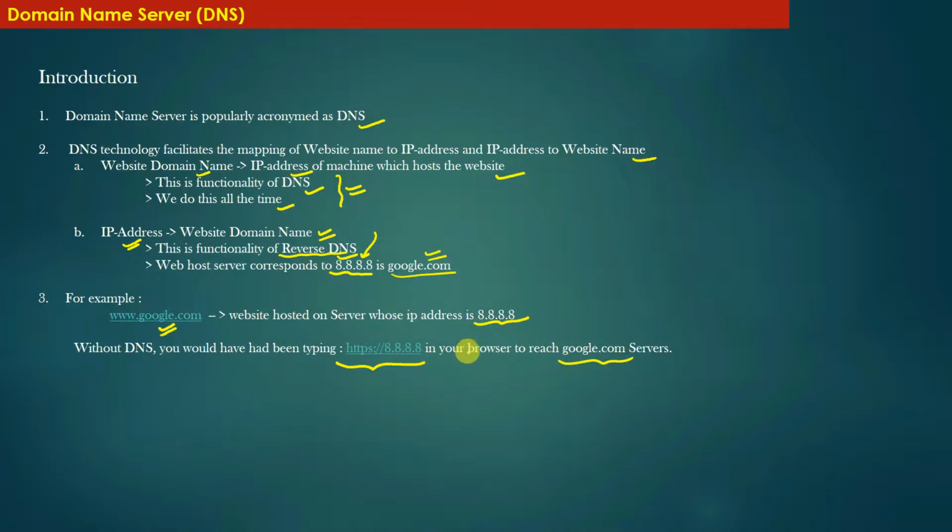So if you did not have a DNS system in place, in order to access a website, you would have to type the IP address of the server machine on which the website is hosted, right? So instead of typing www.google.com, you would have typed http://8.8.8.8 in order to access the website www.google.com. So in this module, we shall learn the problem statement which the DNS mechanism solves, and how the DNS mechanism works.